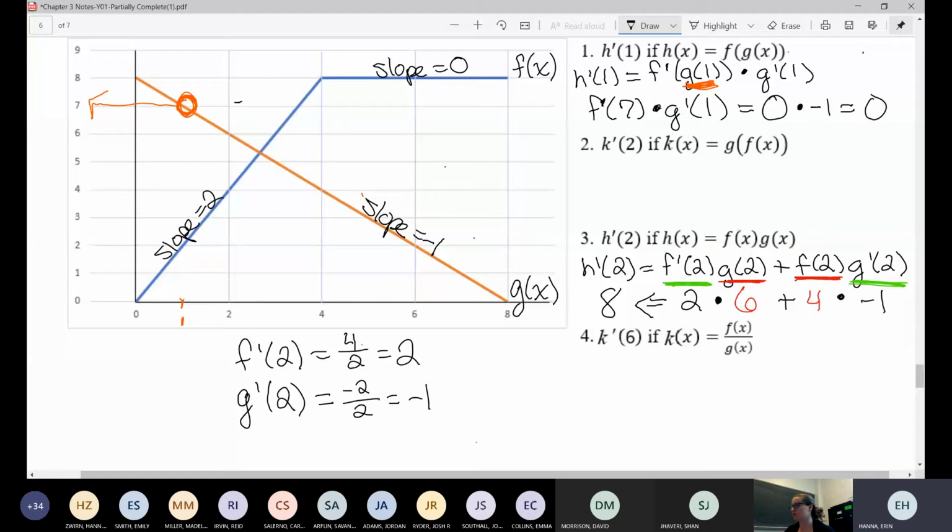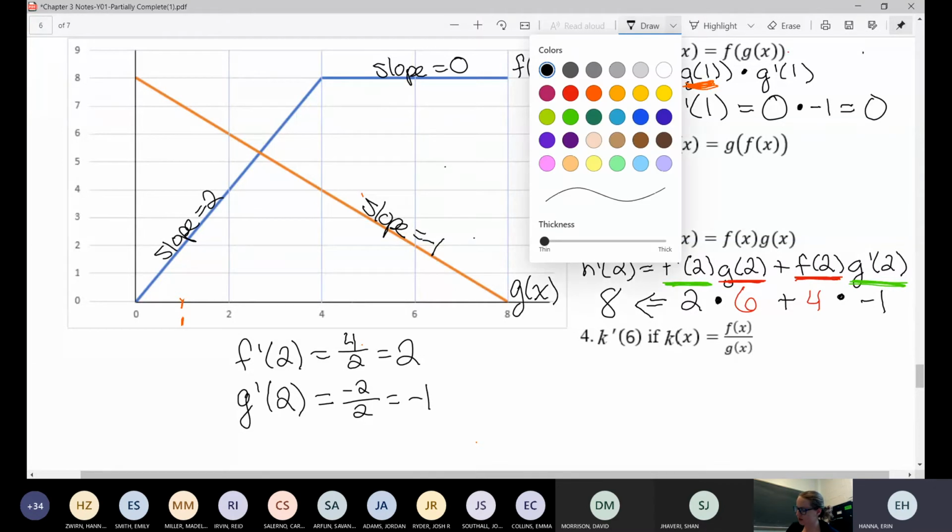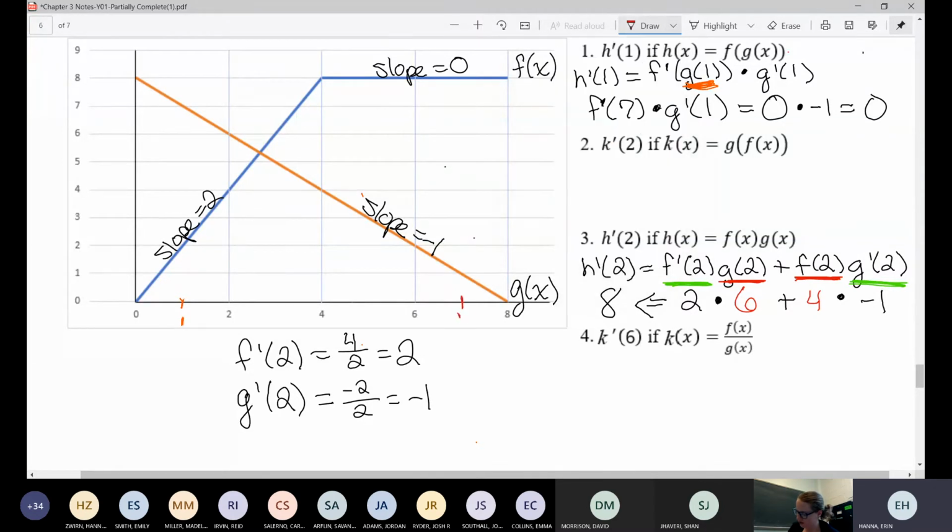Explain what more? Why the slopes are what they are? So f prime of 7, right. Where is f prime of 7 on this graph? Here's x equals 7. Let me go up to 7 on the graph. It's right here, that little red dot. That's f of 7.